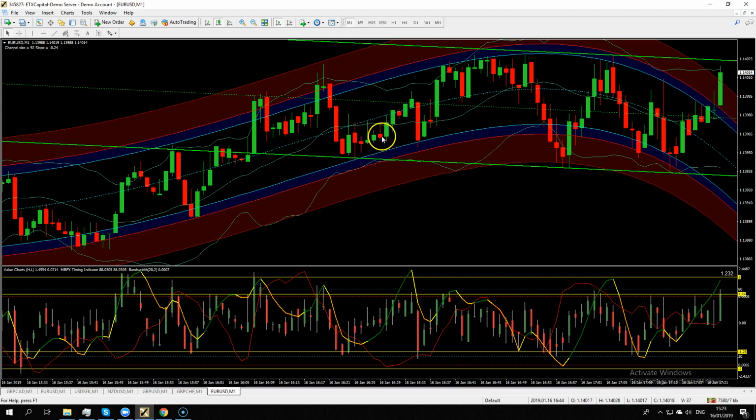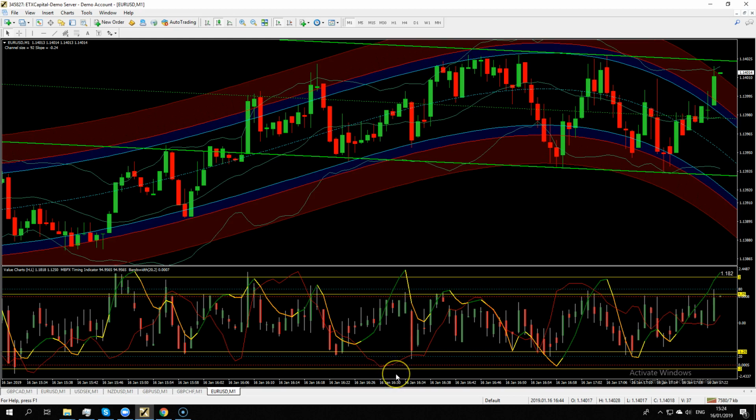In other words, you get a load of small candles and there's not much volatility. And when the market is like that, it actually can get quite dangerous to trade particular indicators.